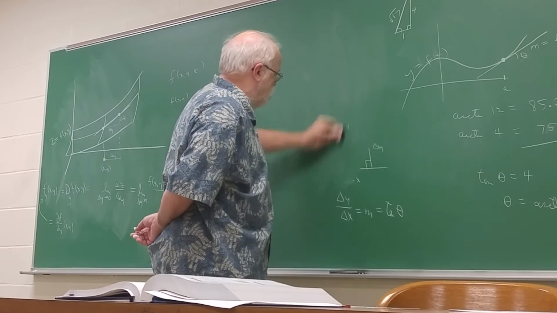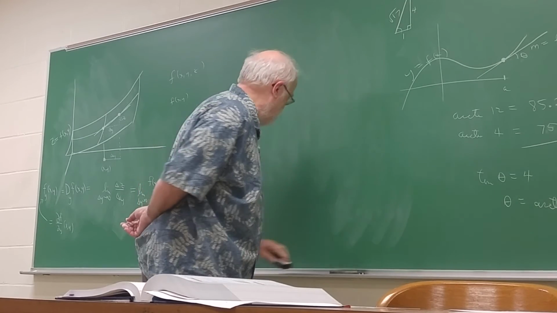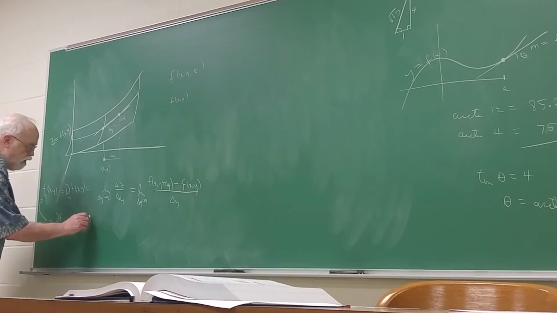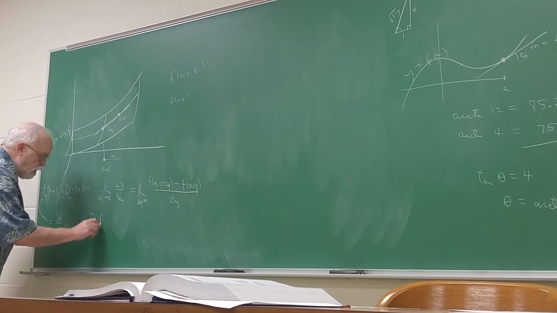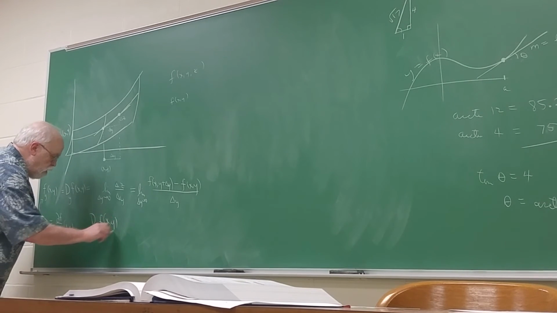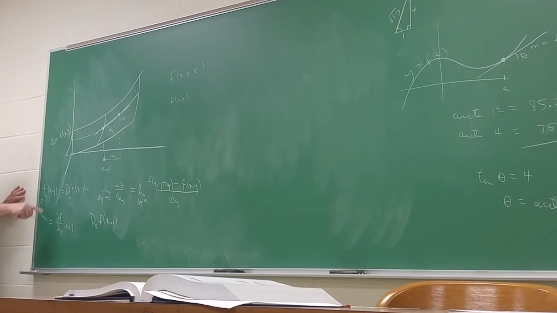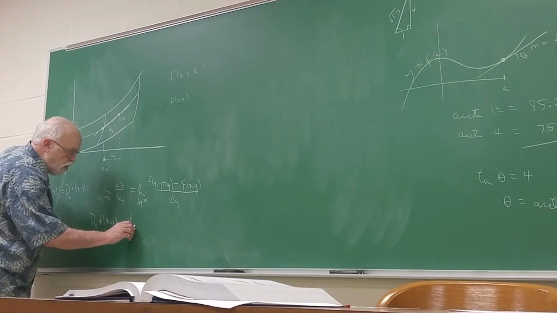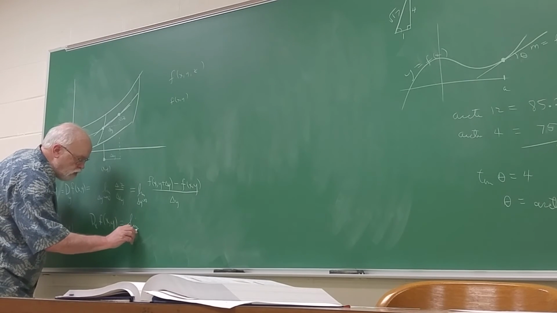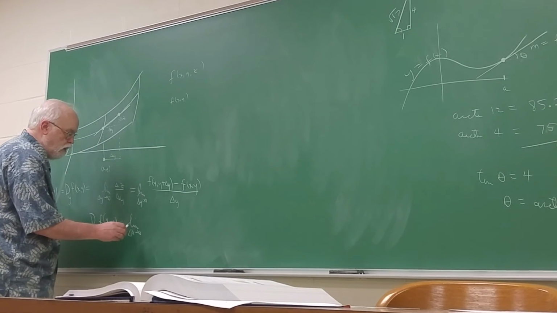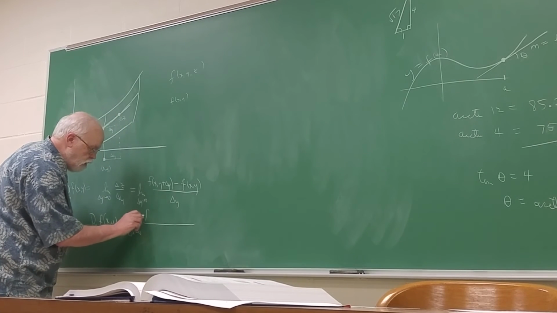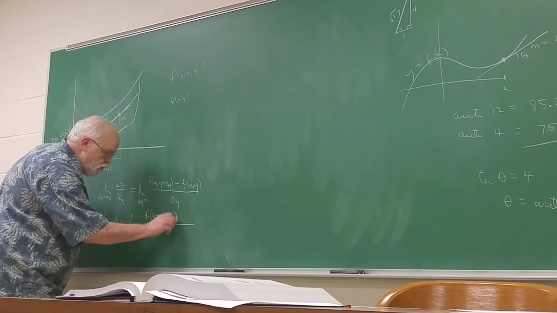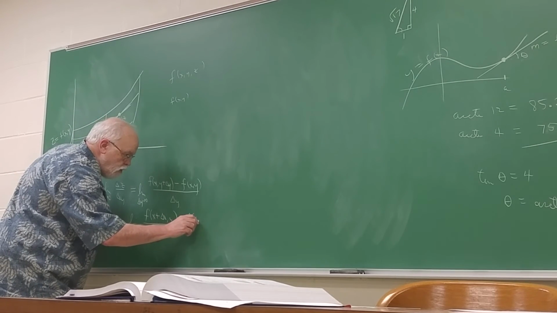So I guess I should do a computation. So let's take a particular example. And of course, if I wanted d sub x f at x,y, or f sub x, or del f del x, then this would be a limit as delta x goes to 0 of f of x plus delta x comma y minus f of x comma y all over delta x.